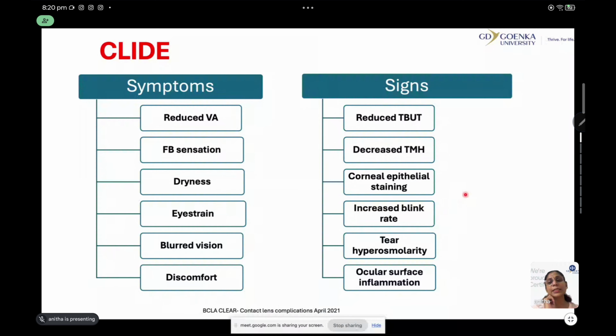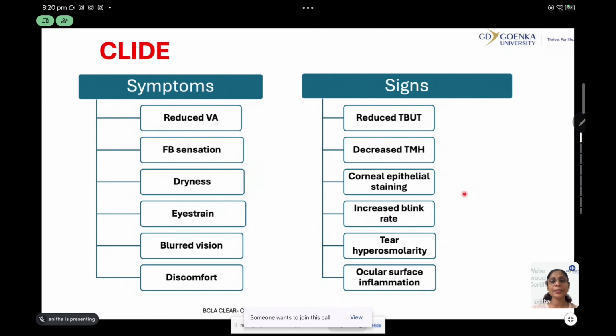Thank you. So let us look at a couple of signs and symptoms. For me as a contact lens practitioner and a person who handles the dry eye clinic, I won't say that CLDE has a very unique, identifiable set of signs and symptoms.